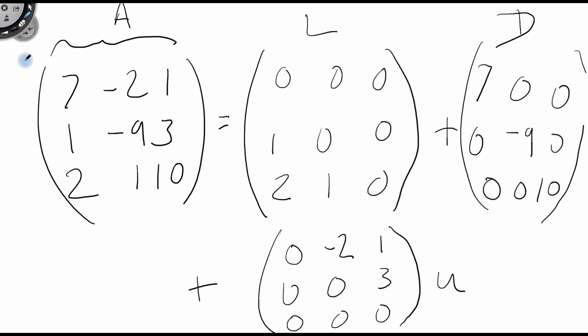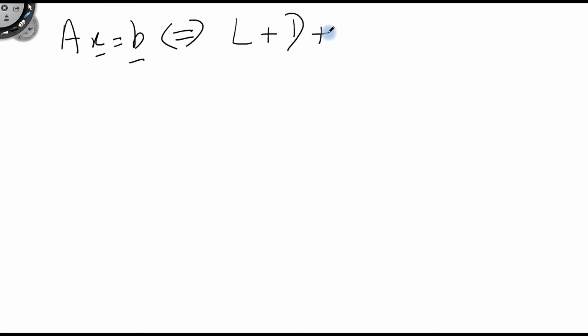So what I want to show you then is how we can use that L plus D plus U decomposition to generate the B matrix automatically. We've got Ax equals b, the original problem we're solving, but we're now decomposing A into L plus D plus U. And remember, we want to get it in terms of x equals something.